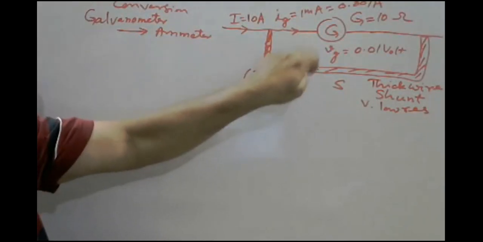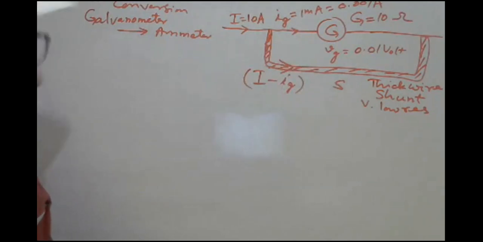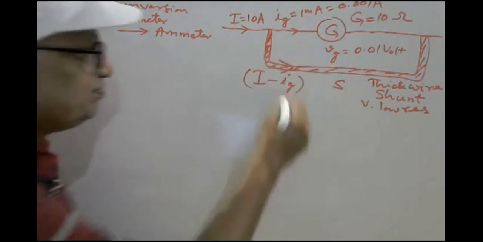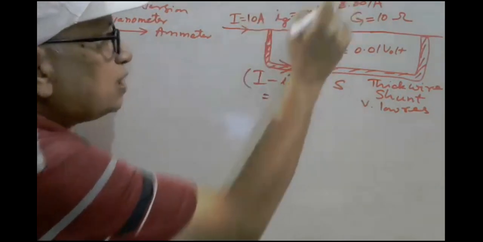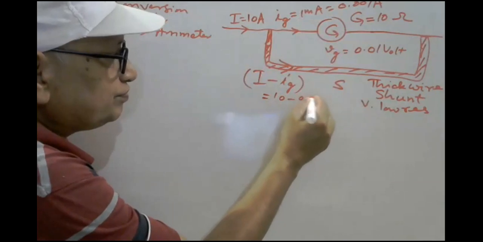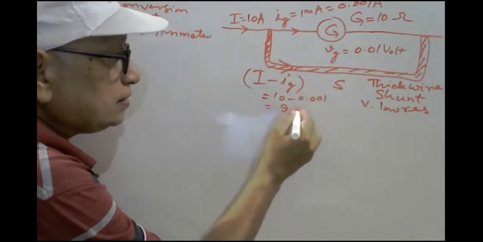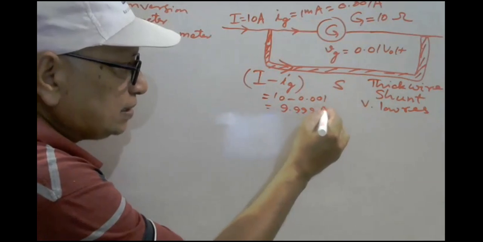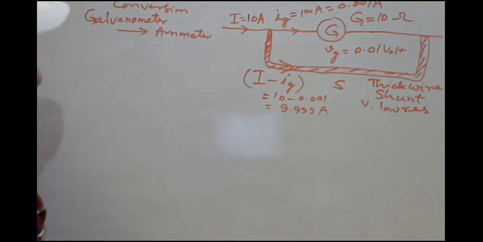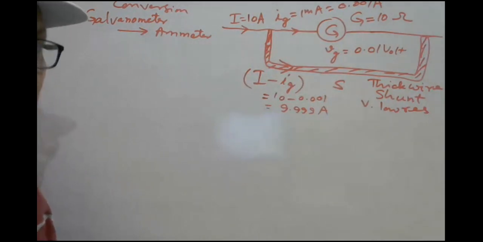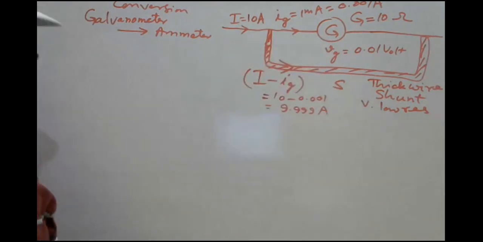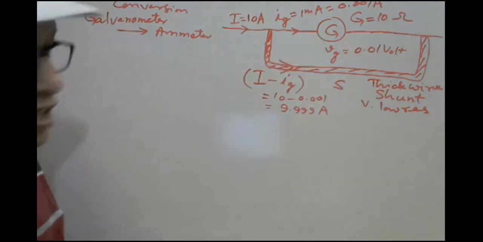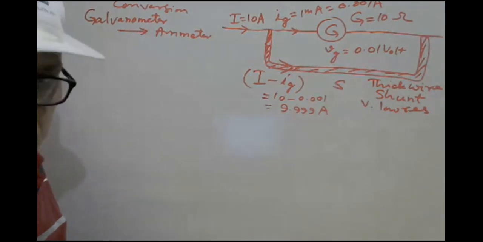As these two are parallel, the voltage will be the same. Now 10 minus 0.001, it means 9.999 ampere current is passing through the shunt. And as per the parallel circuit, these two voltages are the same. So the voltage across the galvanometer coil and the voltage across the thick wire shunt should be equal.